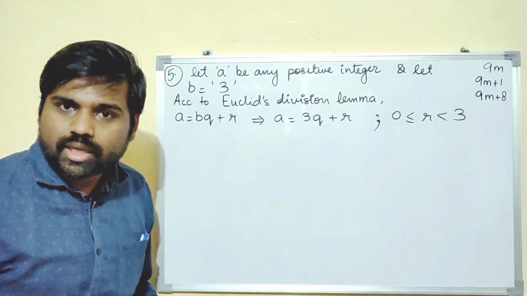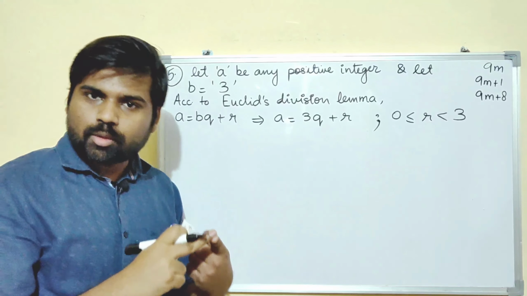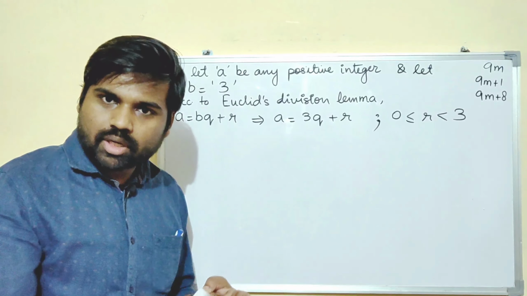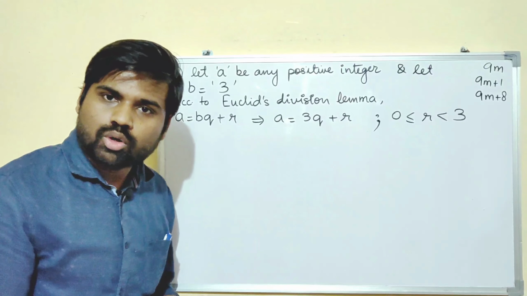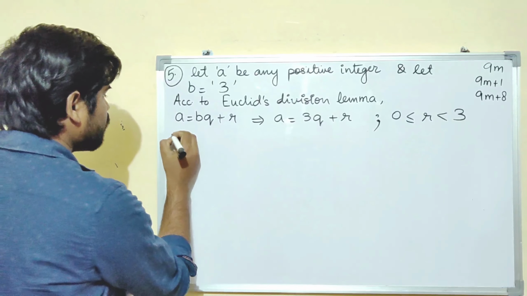Now how many cases will there be? 3 cases: when remainder equals 0, remainder equals 1 and remainder equals 2. Let us see all the cases.